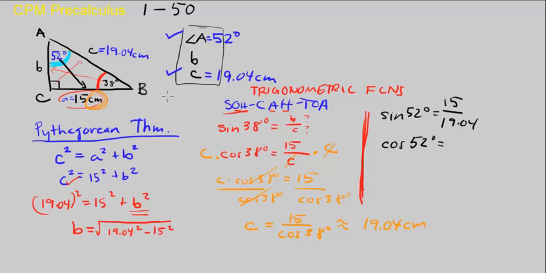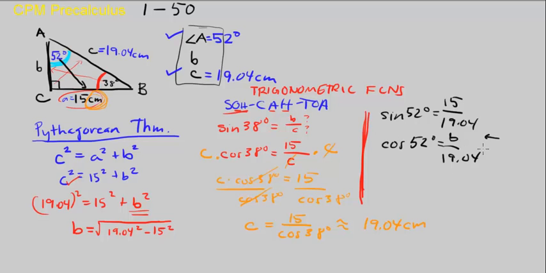What about cosine of 52 degrees? Again, we're trying to find side B. Cosine is adjacent over hypotenuse, so that's B divided by the hypotenuse, which is 19.04. Okay, so we can use cosine. We don't even need to use tangent, because now we can find B using cosine. How do we do that?